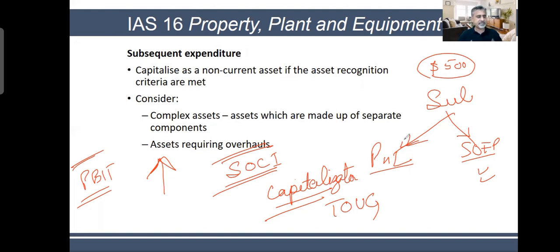If you see the standards, and we will see borrowing cost, IAS 23, we will see IAS 37 provisions, or even IAS 16, or even IAS 38, the capitalization criteria is always tough, because IFRS knows that managers will try to take it to SOFP so that P&L is not hit, so that profitability is not affected. So you have to be very careful.